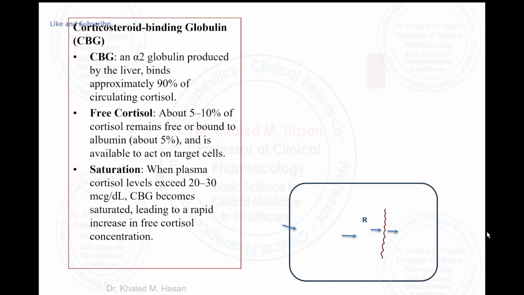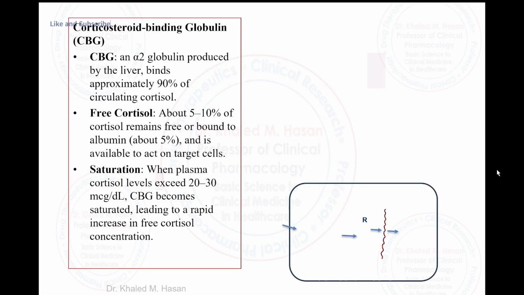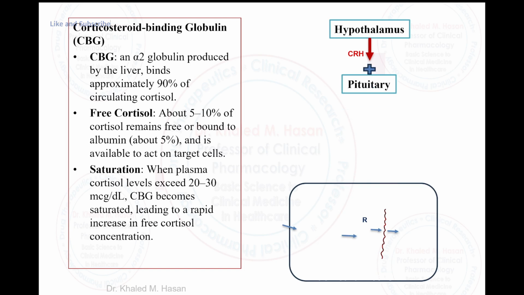Okay, the question here, if you go back again, is about the mechanism of action. We need to be familiar with it. As you can see, if you look at the first step here, we have the hypothalamus. The hypothalamus releases CRH, which stands for corticotropin releasing hormone. This will stimulate the anterior pituitary to release ACTH, adrenocorticotropic hormone.